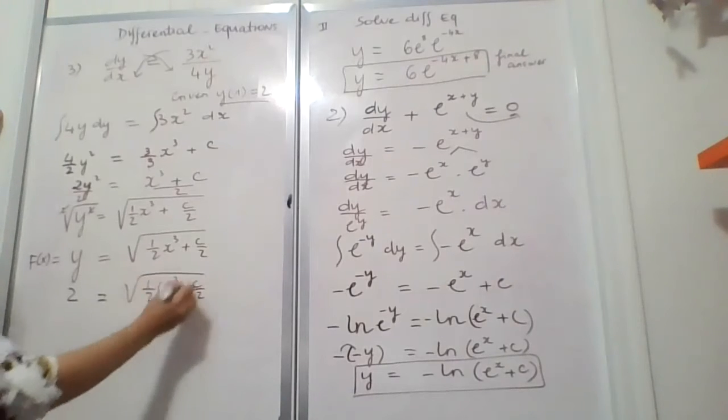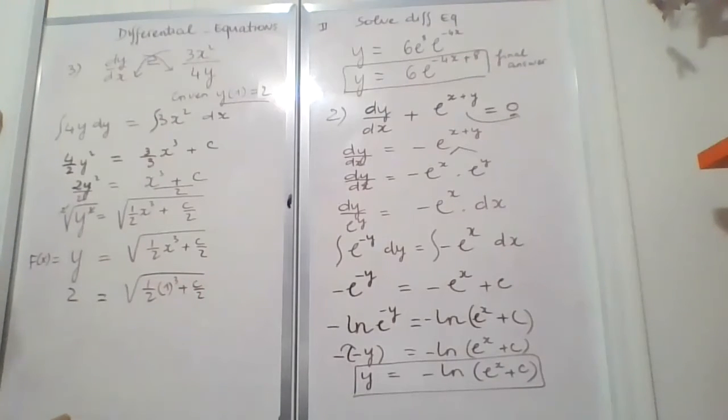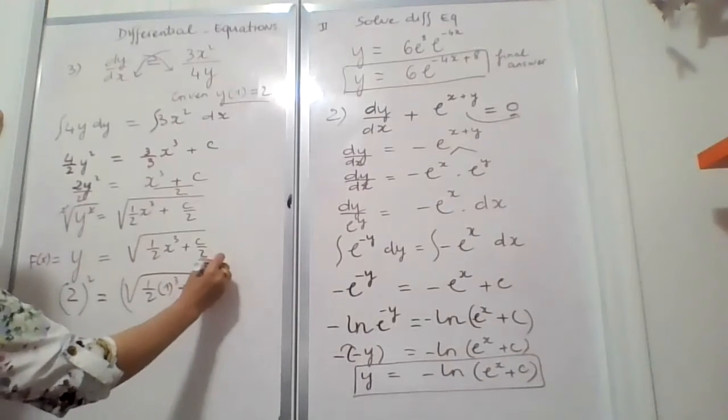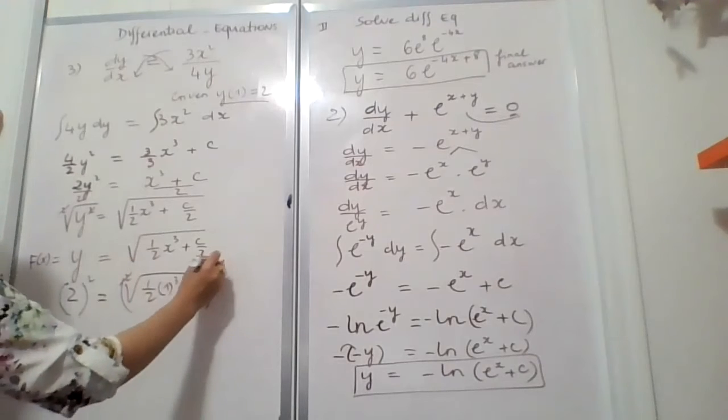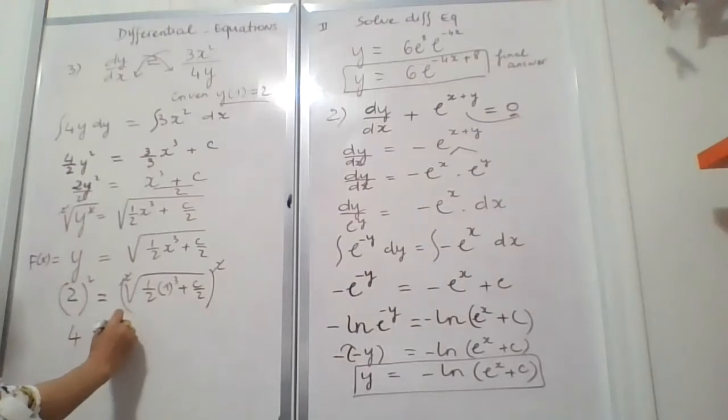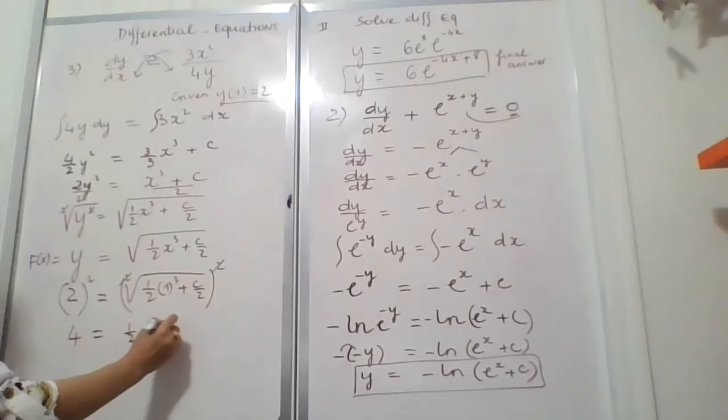Now, if we want to solve for this ugly radical, we have to raise both sides to the power 2. Right? So we can get rid of the radical 2 and power 2, both sides. So 2 to the power 2 equal 4, equal 1/2. 1 to the power 3 just 1/2, right? c over 2.